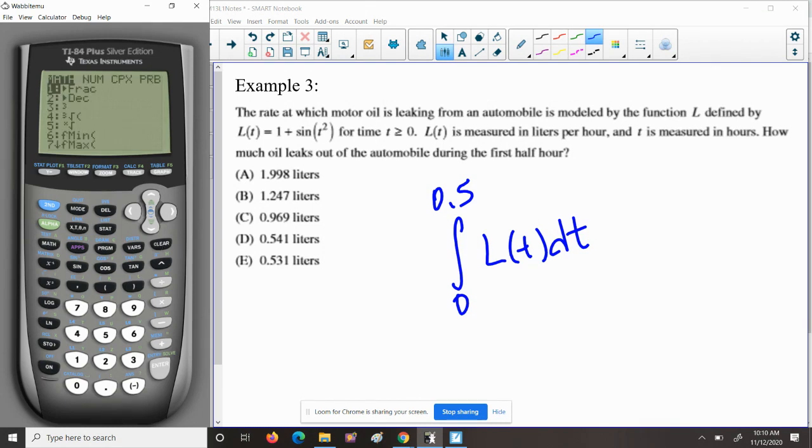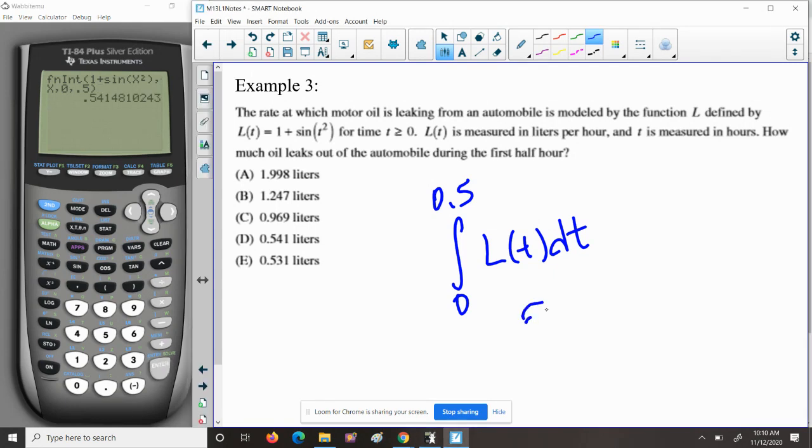So let's find the integral of 1 plus sine of x or t squared, however you want to do it, and then comma x or t, depending on whatever your variable is, comma 0, comma 0.5. And that gives us 0.541. Okay, so that matches up with D, 0.541 liters.